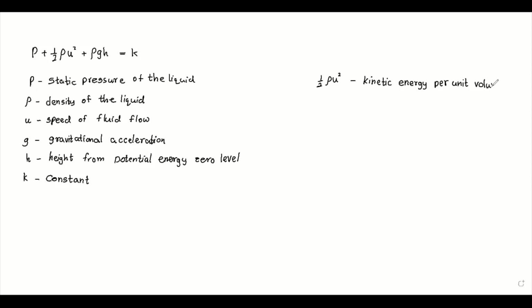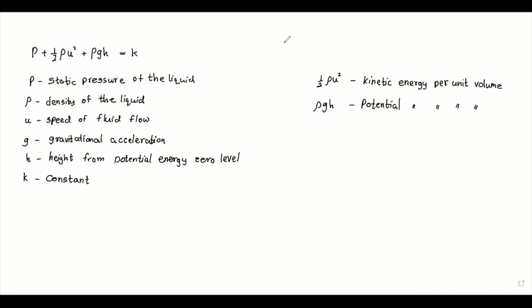You know, this equation, Bernoulli's equation, is an equation of energy. So this is kinetic energy per unit volume. So rho gh is known as potential energy per unit volume.